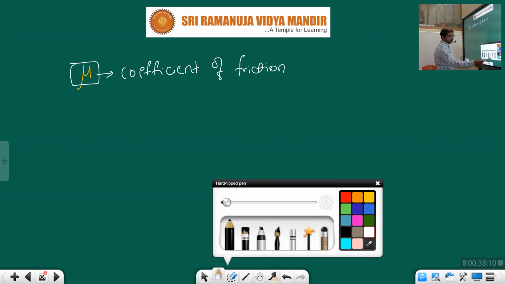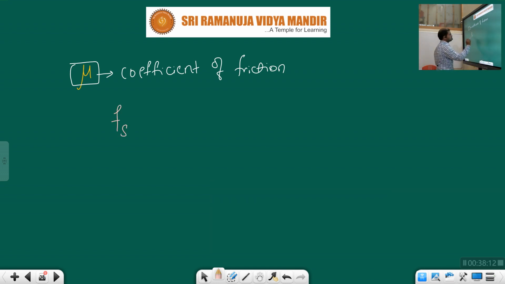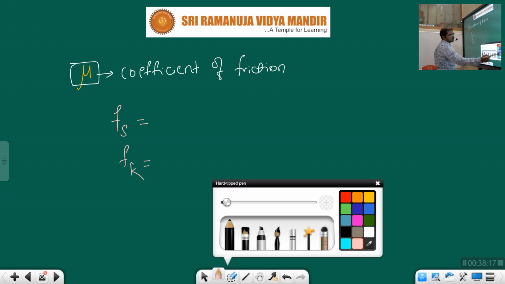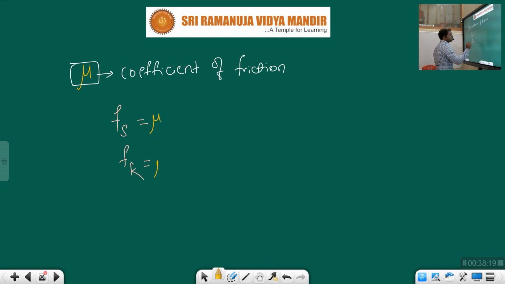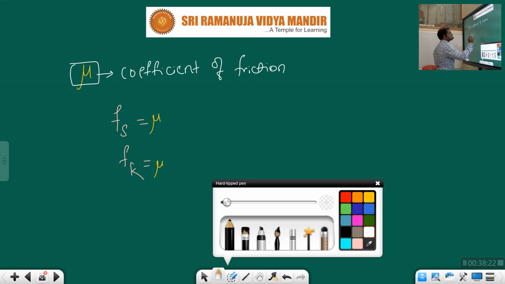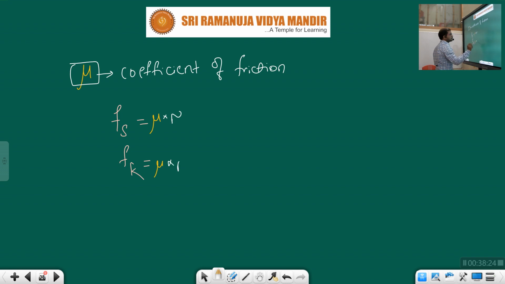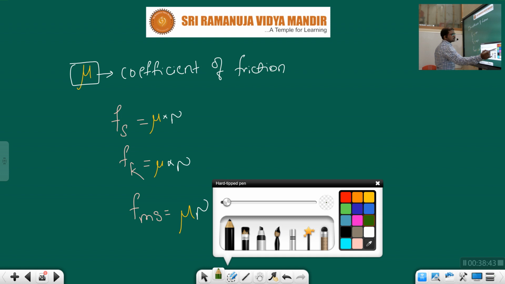Whether you want to find Fs or Fk, instead of mu s and mu k, directly you can use mu multiplied with N. Whether it is Fs, Fk or Fms, the maximum static friction, it is mu into N, based on the requirement.